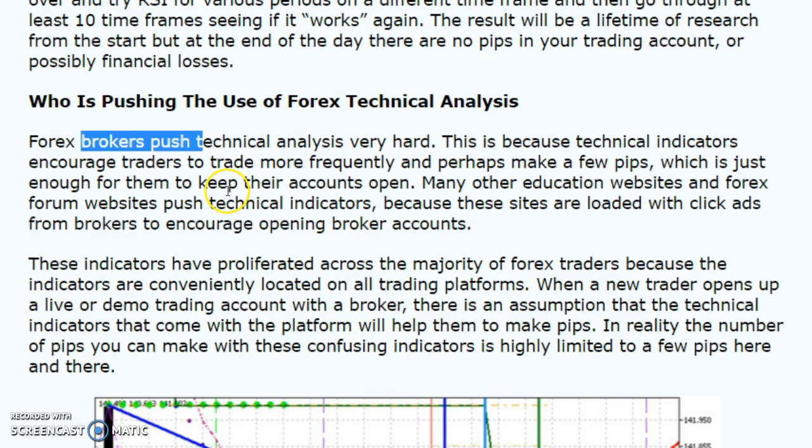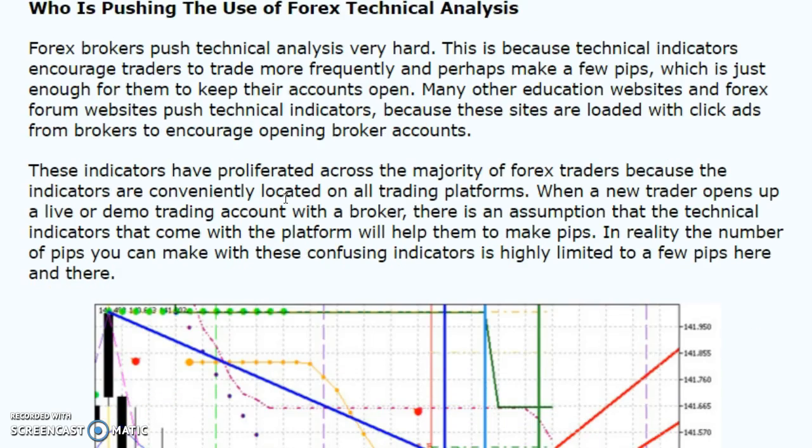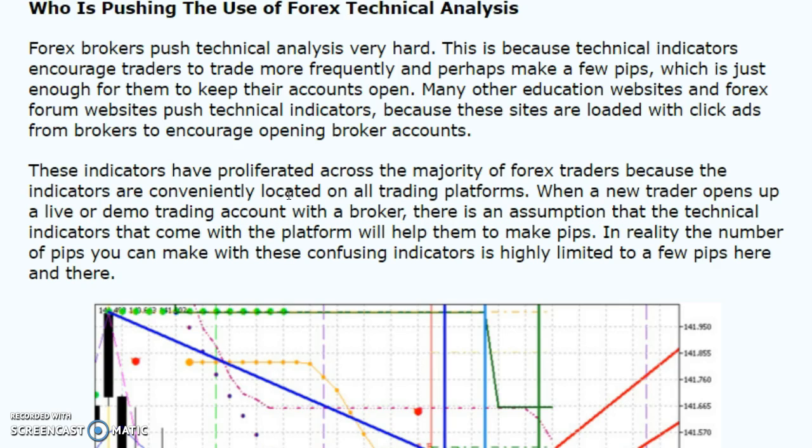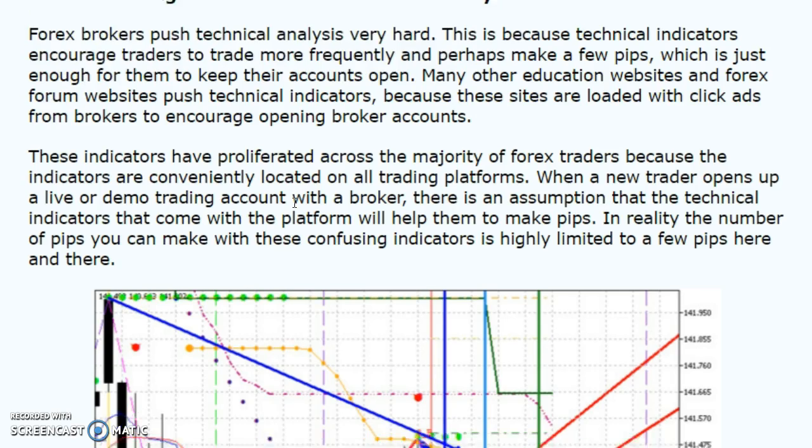The reason brokers want you to use technical indicators is because you'll trade more frequently, and you'll keep trading and trading and eventually dry up your account. When you're a brand new Forex trader and you open up a live or demo account, there's an assumption that those indicators are there because they work and they're there to help you make pips.